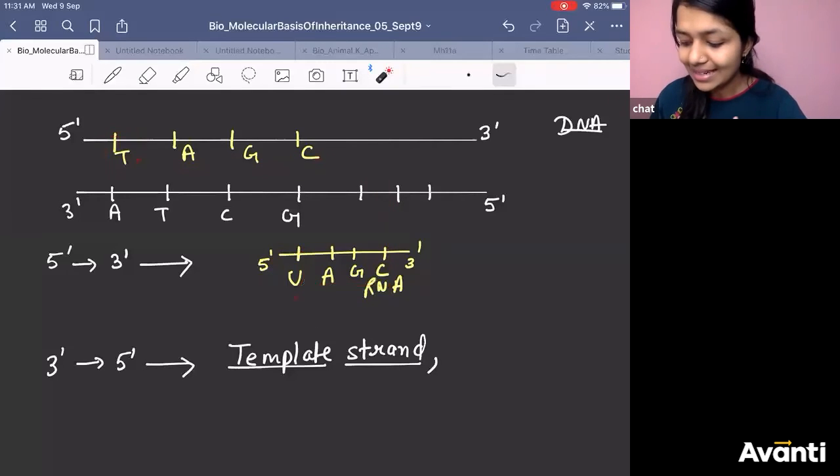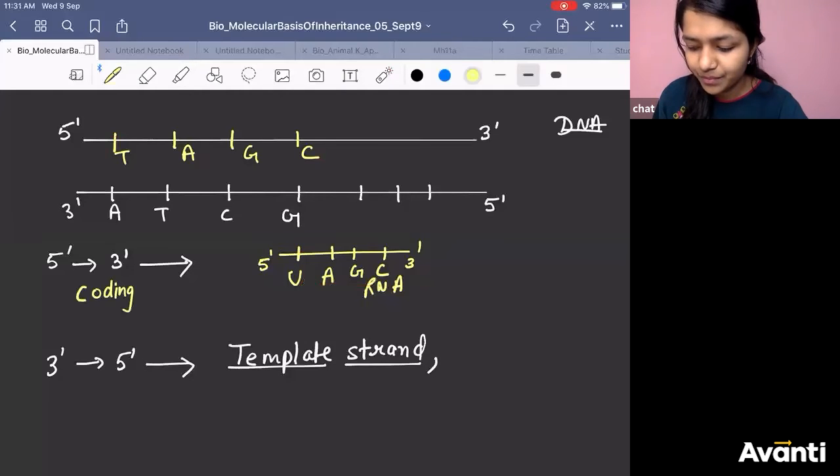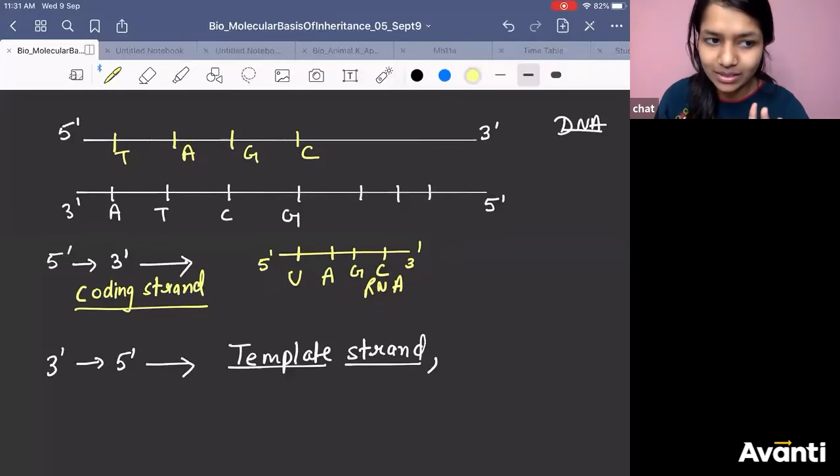Got it? And this is the reason why 5 prime, 3 prime is called the coding strand. Those who listen to me carefully, you must have got this. And 3 prime, 5 prime is called the non-coding strand.